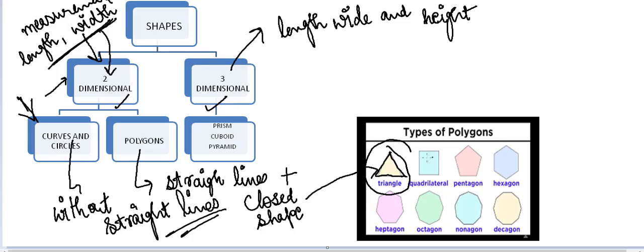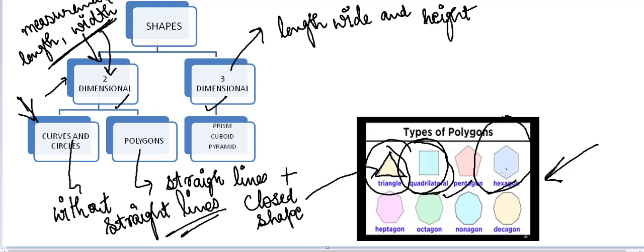Then we have quadrilateral. We'll learn about this quadrilateral further. We have pentagons, hexagons. All these shapes are the types of polygons. That is, polygon is basically a two-dimensional structure in which we have only straight lines and these straight lines are closed.